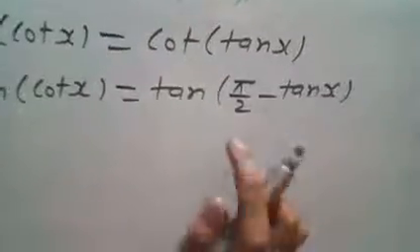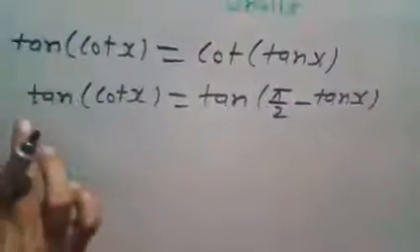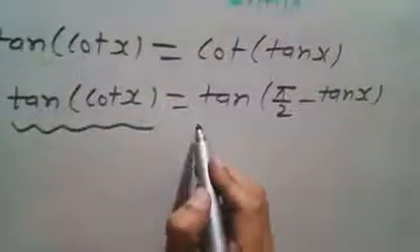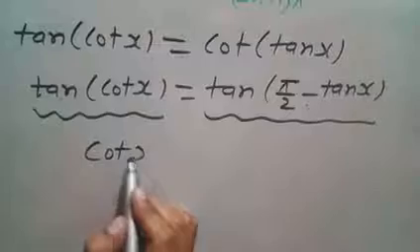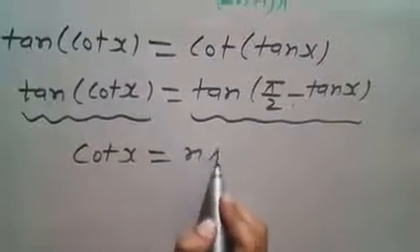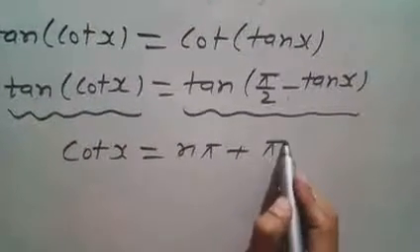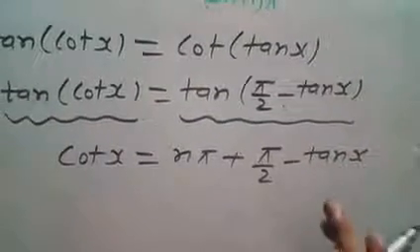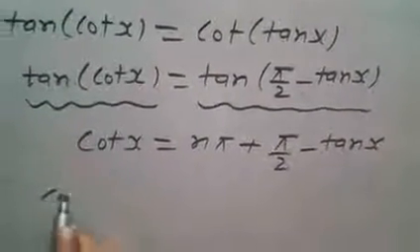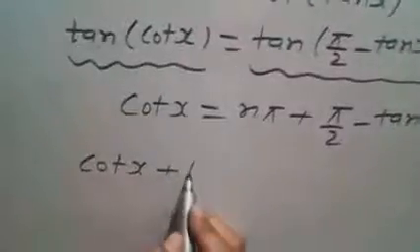We know that tan 90 minus theta is cot theta. Now if tan theta is equal to tan alpha, we know that theta is equal to n pi plus alpha, and alpha is pi by 2 minus tan x. Now moving tan x to this side, so cot x plus tan x.